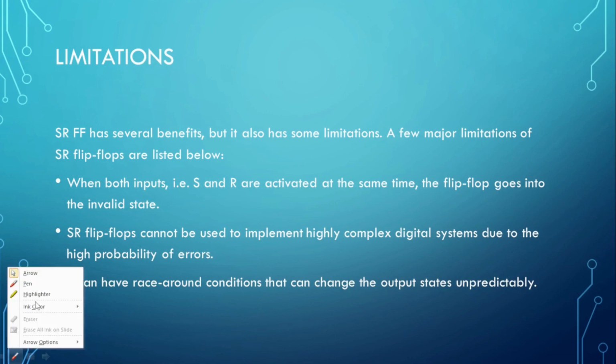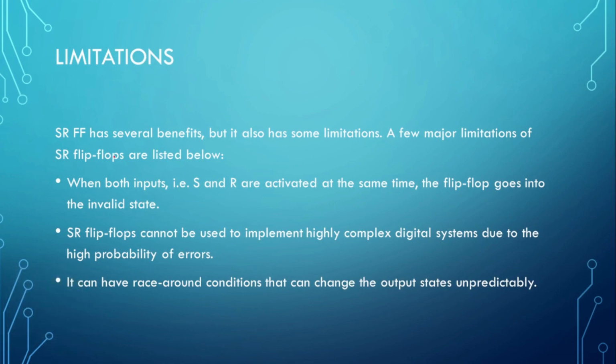What are the limitations of SR flip-flop? Limitation means drawback or disadvantage. When both the inputs S and R are given a high value, you will get an invalid state.